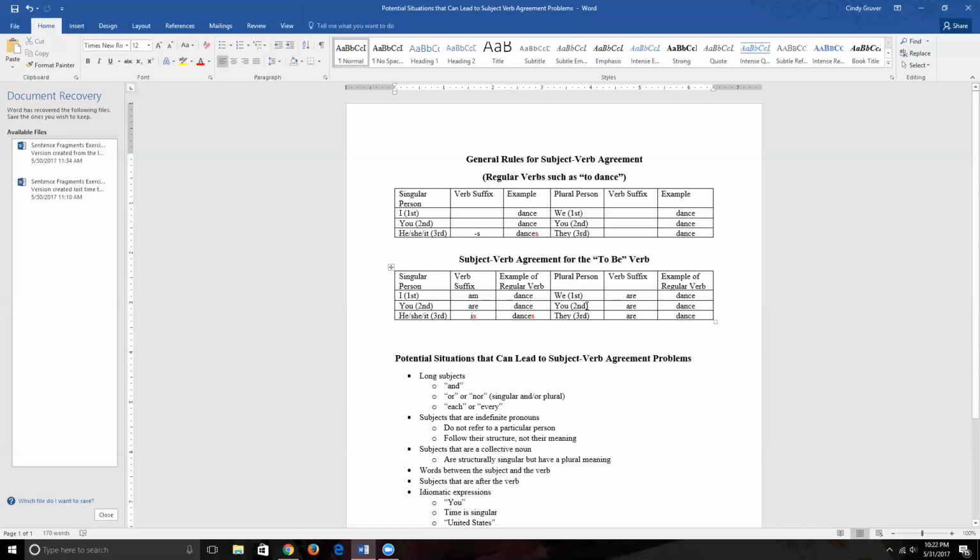You are, which is the second person plural. They are, which is the third person plural. And you can see, similarly to dances, all of these are the same except this one is different. And it's not that different, am, are. I mean, they sound fairly similar.